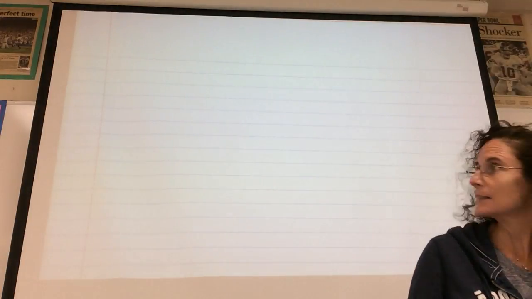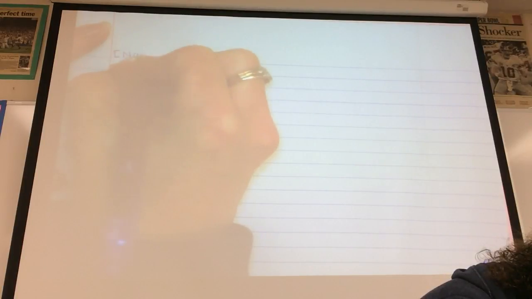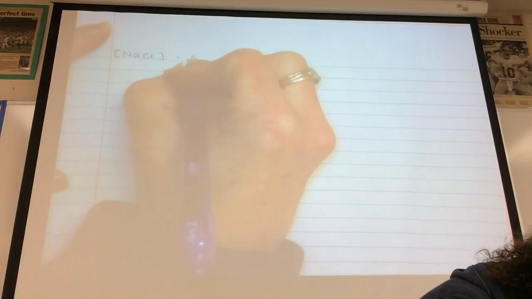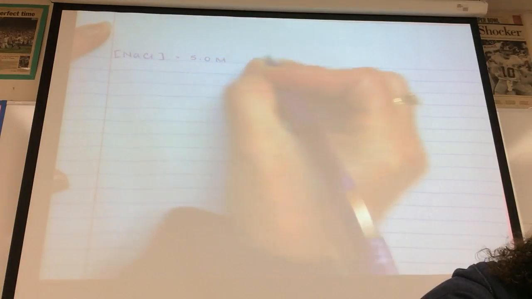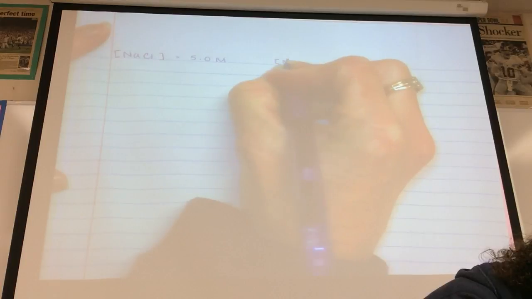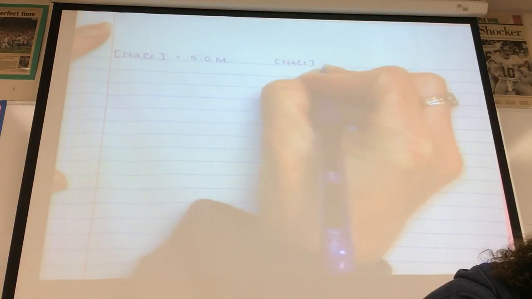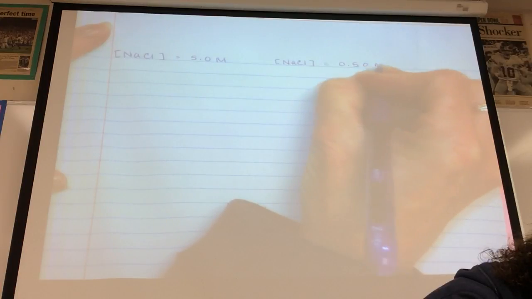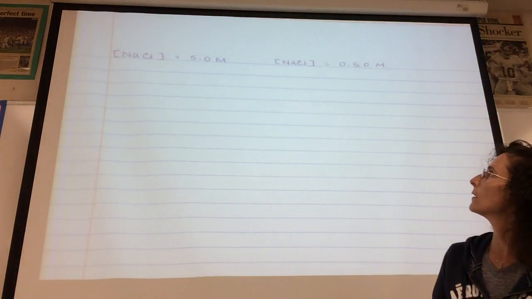Let's say, for example, that you have one solution that has a concentration of sodium chloride, which is table salt, of 5.0 molar, and you have a second solution having a concentration of sodium chloride of 0.50 molar.